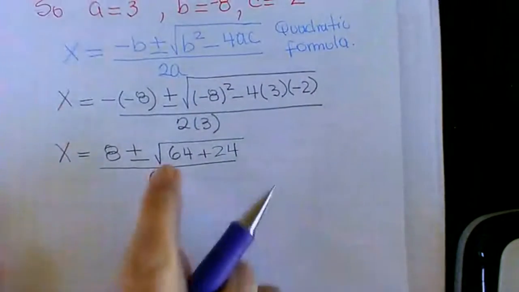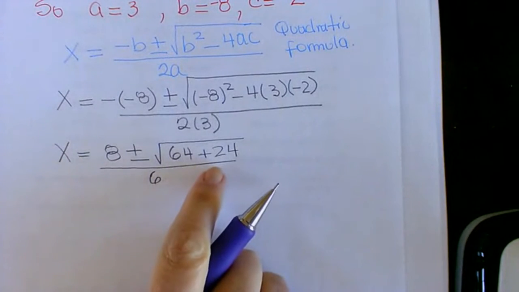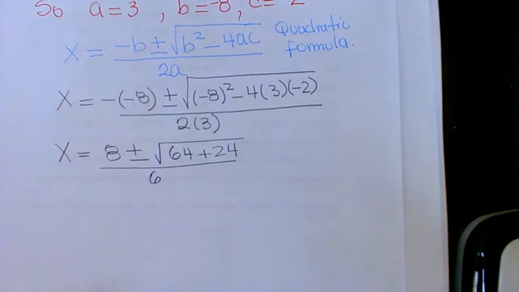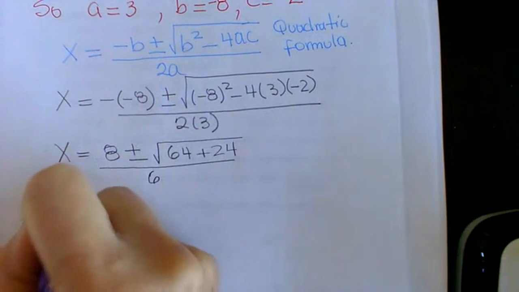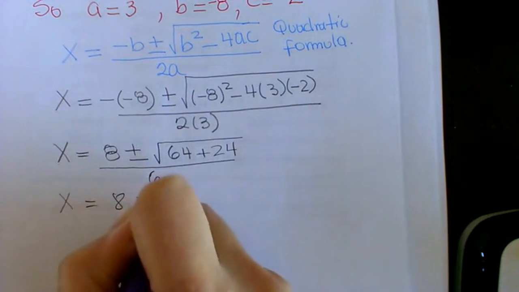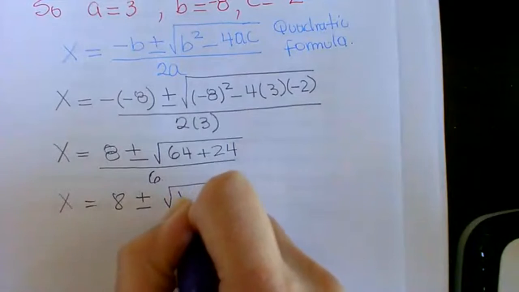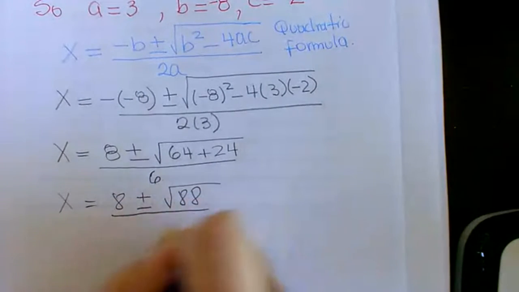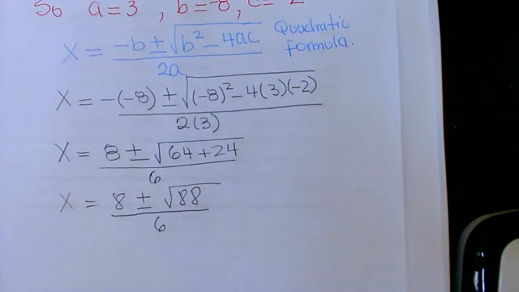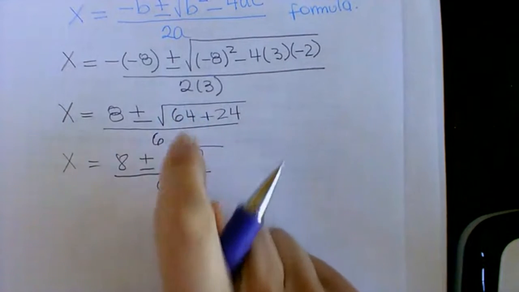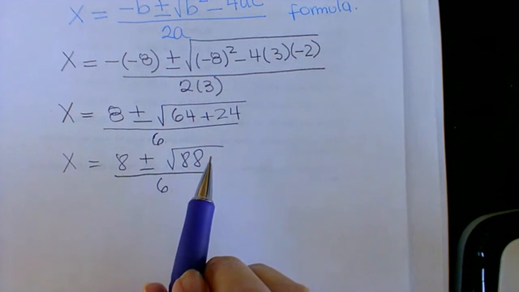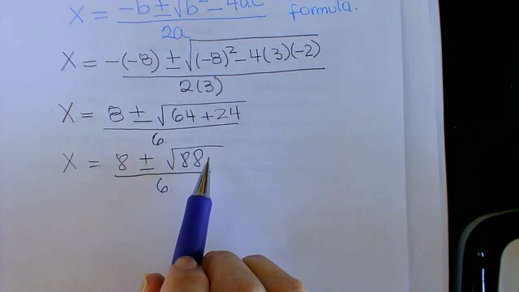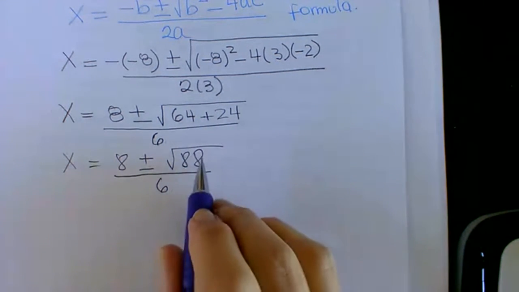Now, 64 plus 24 is 88. So we have the square root of 88 divided by 6. Now, the 88, how do I break that one down? 88 is equal to 22 times 4.